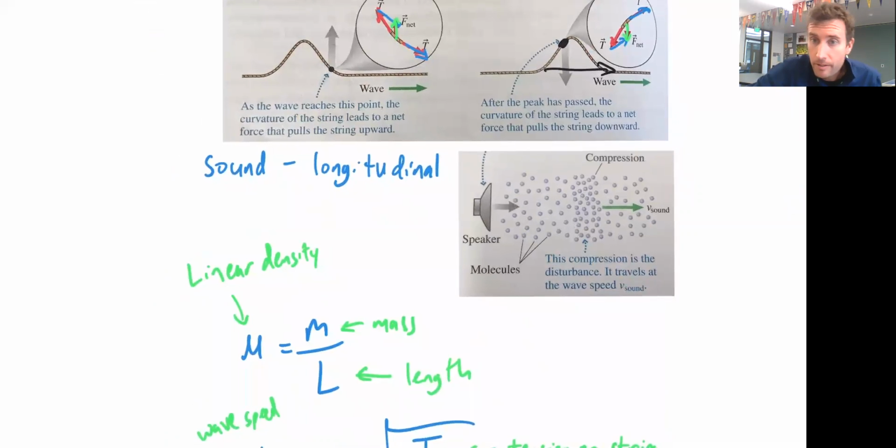Now, sound. Sound is a longitudinal wave. It is a compression and an expansion wave. So the compression is when the molecules are getting closer together. The rarefaction is when they're moving further apart. The compression itself is the disturbance, and it travels at the speed of sound.